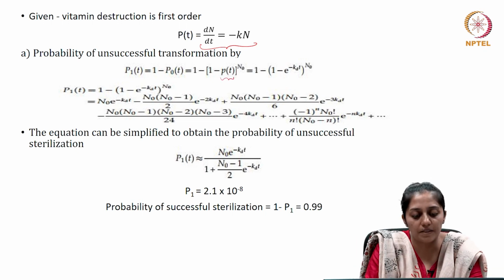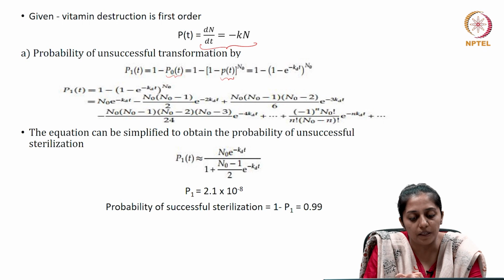So the probability of unsuccessful sterilization would be 1 minus P naught T, where P naught T is the probability of successful sterilization. And what is the probability of successful sterilization? That none of the organisms remain. So if small pt is the probability of survival for each of the organisms, then for them not to survive, the probability will be 1 minus small pt, and none of these organisms should survive.